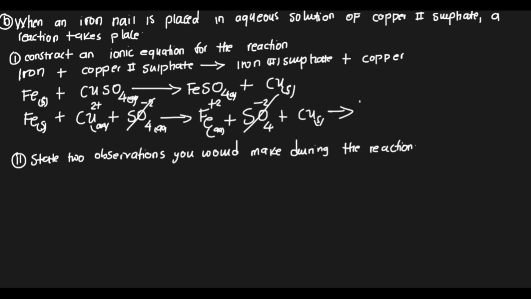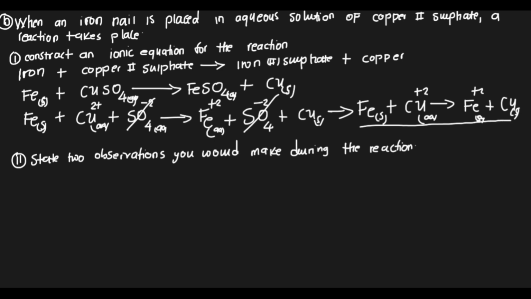So we'll have Fe solid plus Cu2+ aqueous, giving us Fe2+ aqueous plus Cu solid. So this is our net ionic equation. Then this is just our ionic equation here.